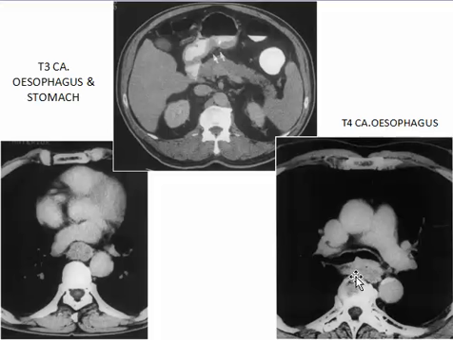So it comes from the lumen, fills the lumen, then extends along the wall, then gives very irregular outline, and then invades the nearby structures or direct extension. So this is T4. Now here is gastric carcinoma extending along the lumen.